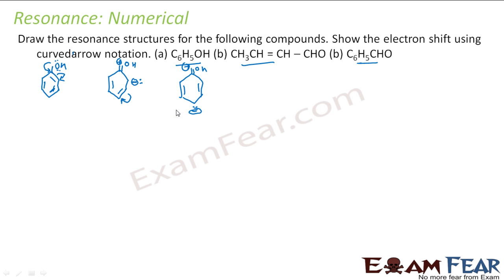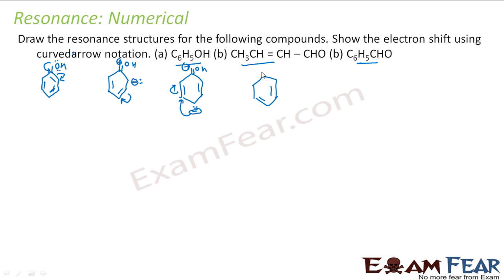Correct? Now in the next scenario, this bond will break, right? This will get a positive charge, and this will get a negative charge with a lone pair of electrons, and these two will form a bond, because it will get positive and it will get negative. Or you can see that this moved from here to here, either of these, whatever you want. So this bond will be intact, and here will form a bond. This bond will break.